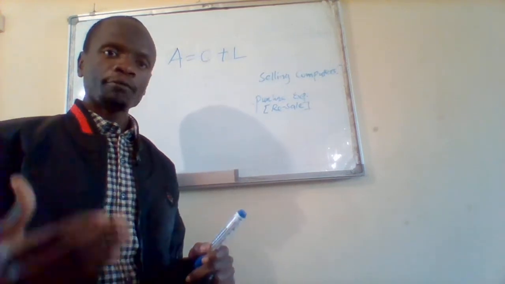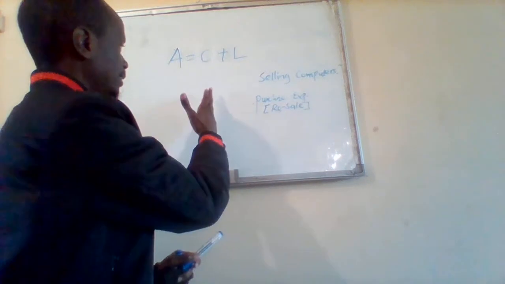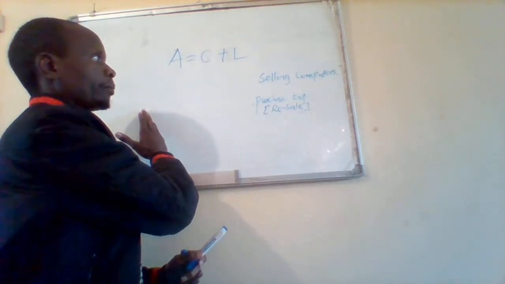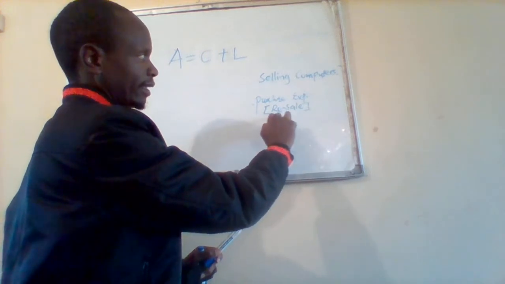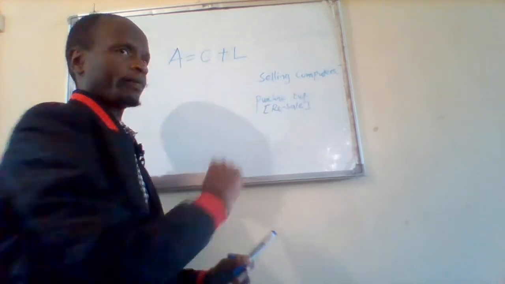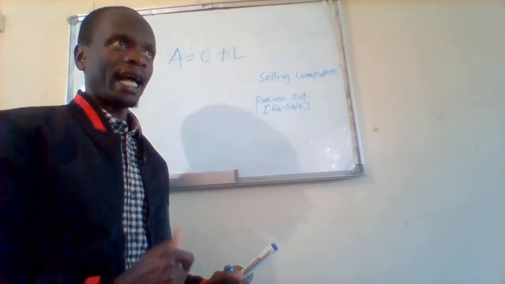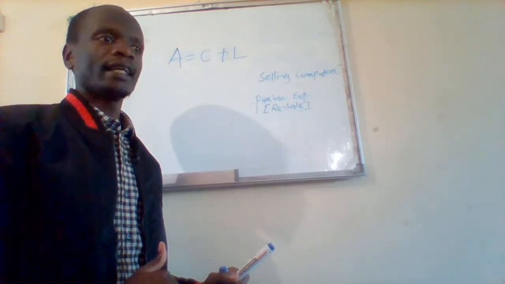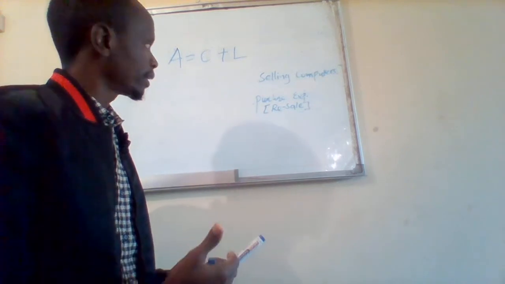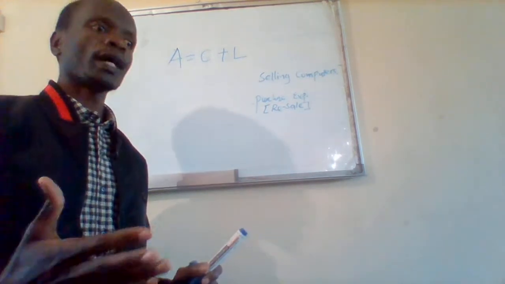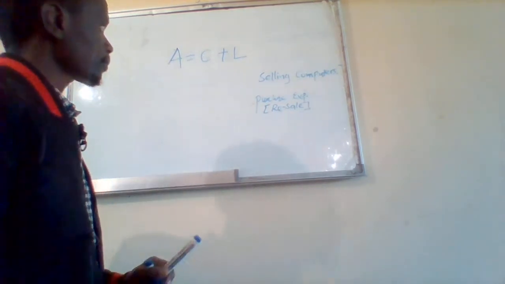When Baraton buys a vehicle, that will be an asset to Baraton. But when Toyota Kenya buys a vehicle for resale, that is a purchase expense. It is not an asset, unless at the end of the year it is unsold, then it will be closing inventory, which we'll look at later on in the course.